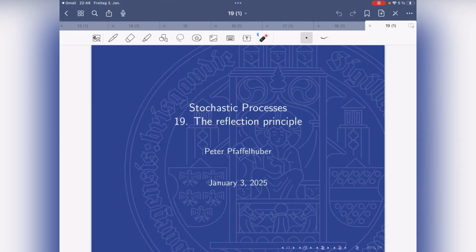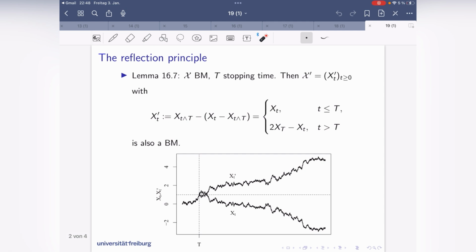So the reflection principle. What does it mean to reflect a Brownian motion at a stopping time? Here Xt is a path of a Brownian motion simulated in my computer. And T is the random time when it first hits 1.